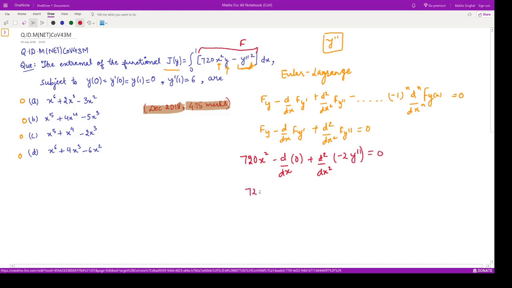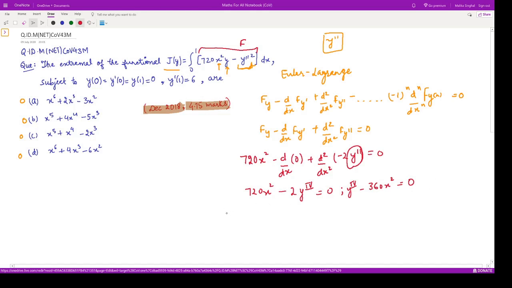We have 720x² minus 2, and here we have to differentiate y'' two times, so we'll have y⁗ equal to 0, or we can write it as the fourth derivative of y minus 360x² is equal to 0. So we have to solve this ordinary differential equation.